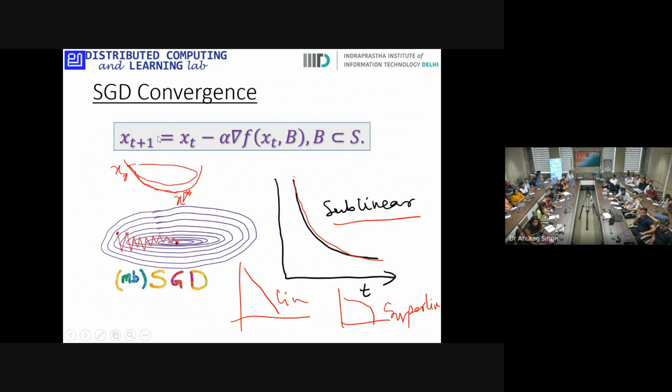If it starts diverging, what will happen? You will see the loss curve, instead of going down, moving up. Once your training loss curve moves up in a distributed setting, just know that something bad has happened. Either some communication has become too sparse, or maybe some node has become too slow, right?